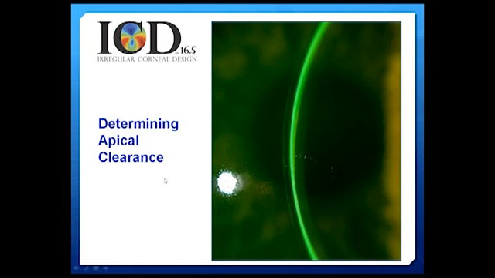However, if we presume that this eye is approximately 500 to 600 microns thick, then we could say that our fluid thickness appears to be about half the thickness of corneal tissue, or maybe slightly less than half. So it's an excellent way of guesstimating the thickness of the fluid between your ICD lens and the surface of the eye. And again, we're looking for a starting point of approximately 400 microns.